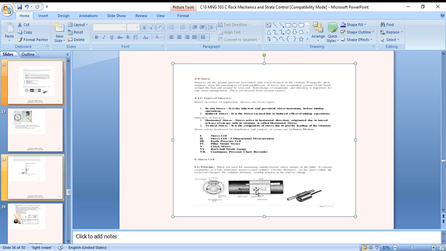These are the instruments they are using to find out the cells, load cells, like the stress cells, you can say.